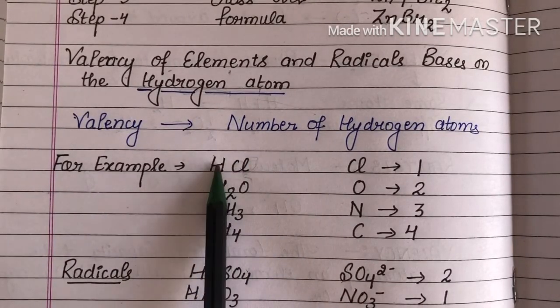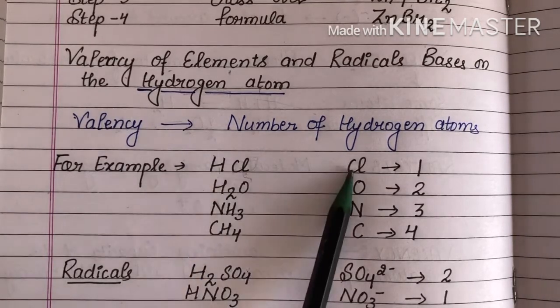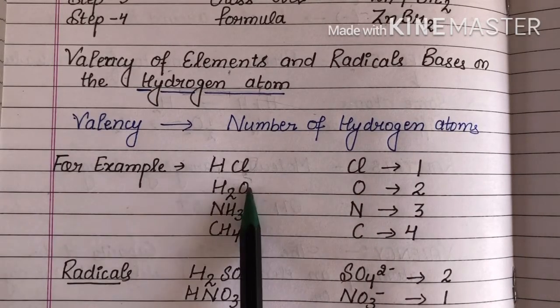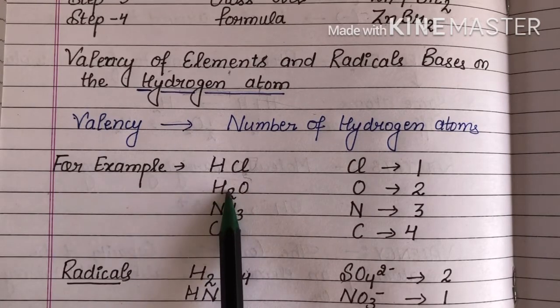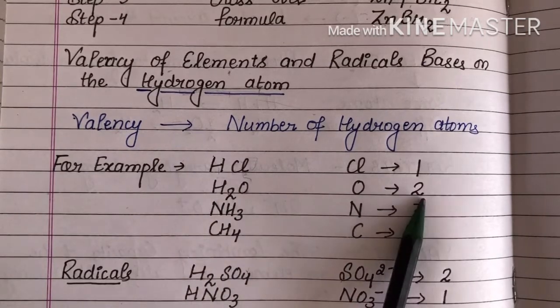How many hydrogens are combined with chlorine? 1. So its valency is 1. Then we have to find out the valency of oxygen. How many hydrogen atoms combine with oxygen? 2. So its valency is 2.